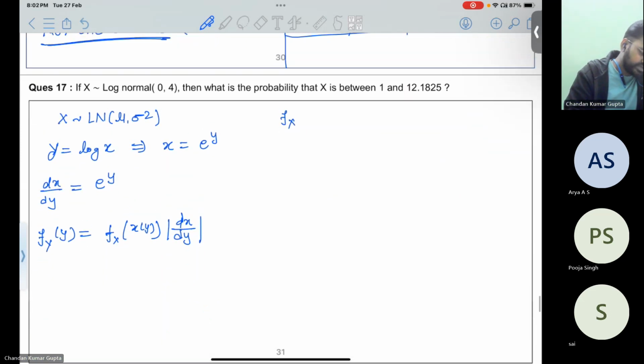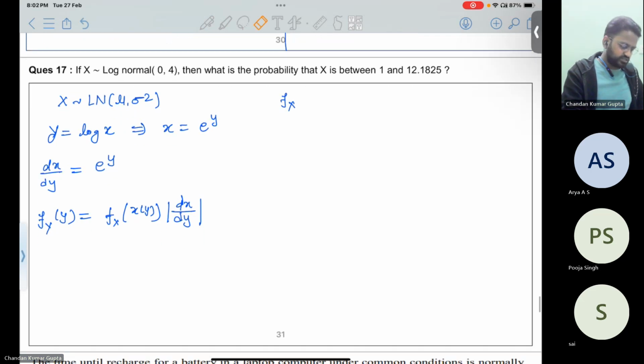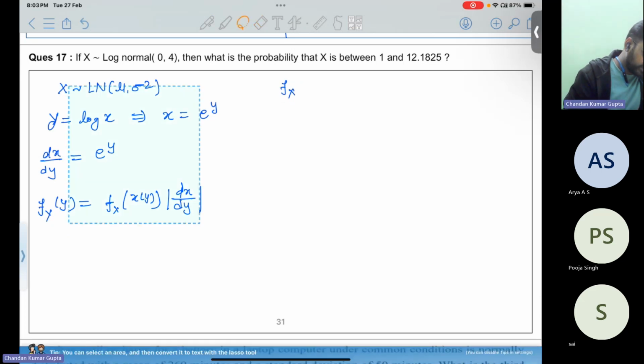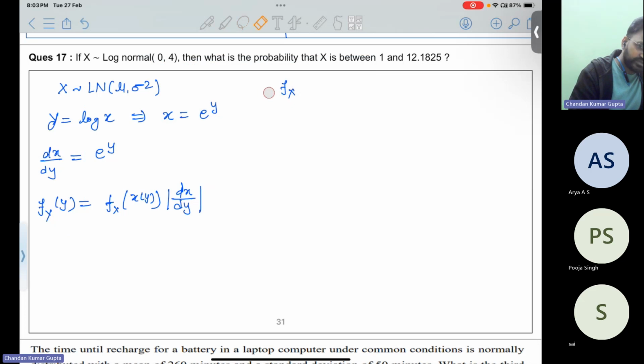Okay. I'm unable to erase this. I don't know, there is some technical glitch or something. I don't understand this. Nothing will work.